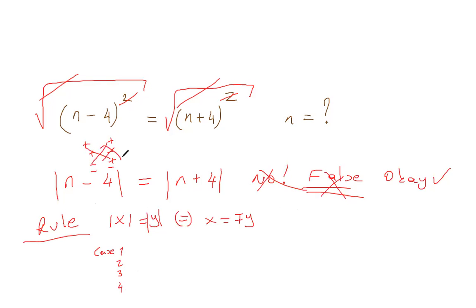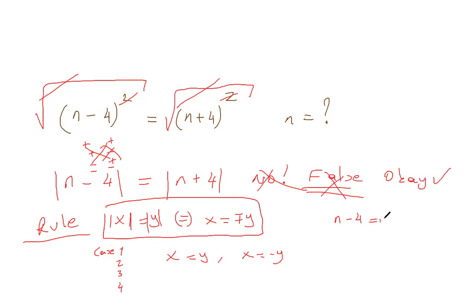But forget about them. This is the practical way. If you have 2 absolute values, the result is x is y or x is negative y. So what will be the answer? n minus 4 is n plus 4, or n minus 4 is negative n plus 4. Is it okay? x is y, x is negative y.